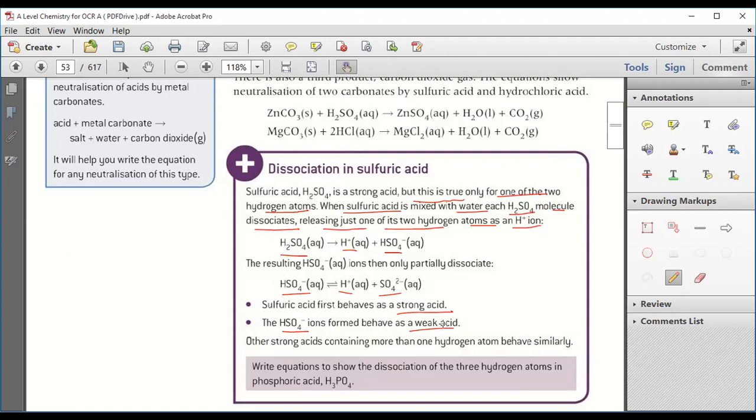Okay, now see what actually happens in the dissociation of H2SO4.